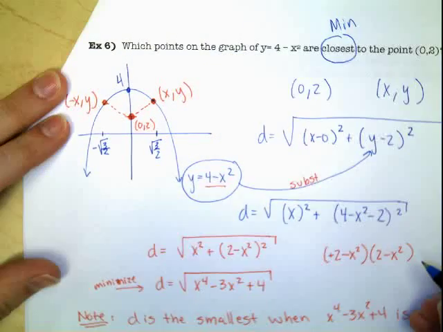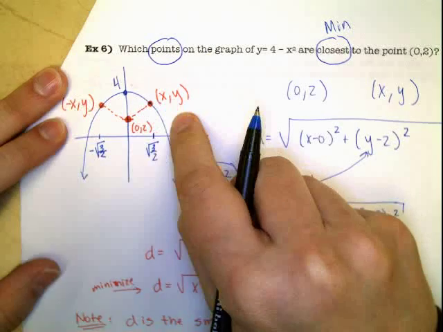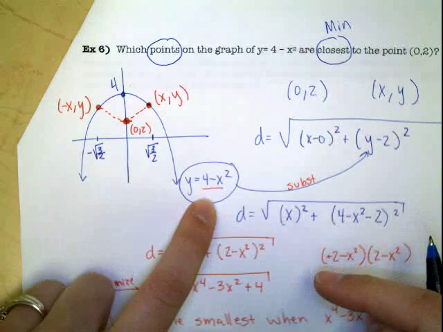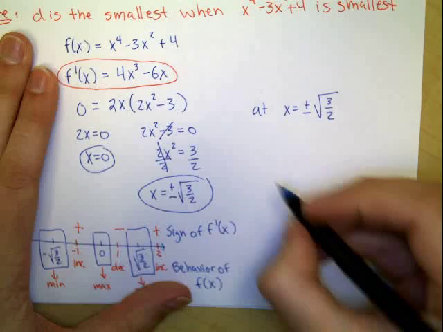Now to fully answer the question and get everything right, it says which points. It wants the x and the y value. So I'm going to backtrack. Remember y equals 4 minus x squared? I need to use that here.